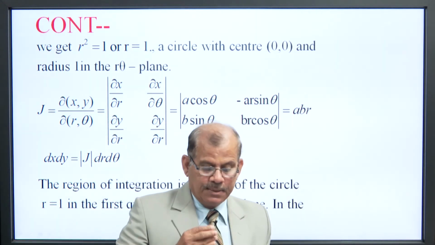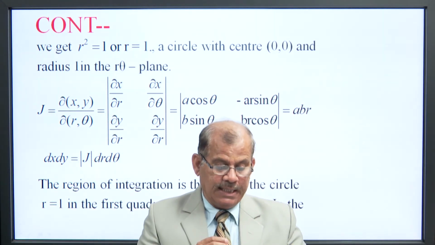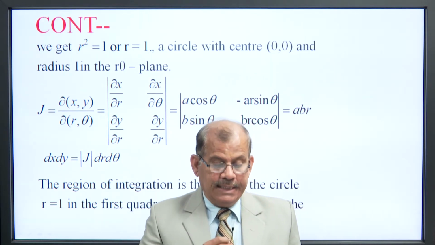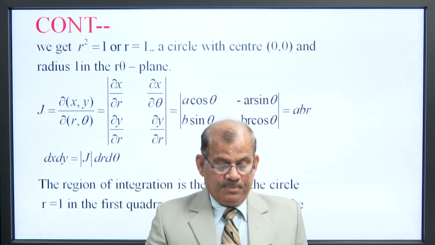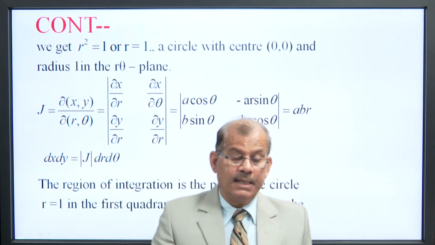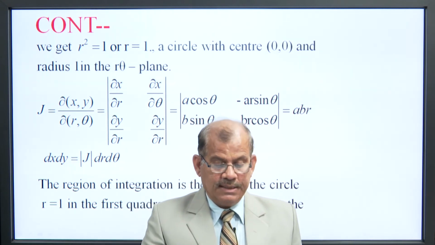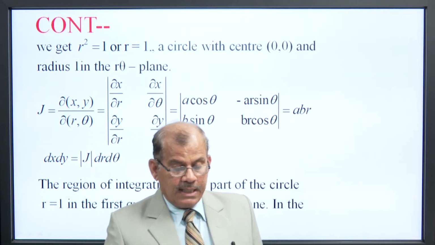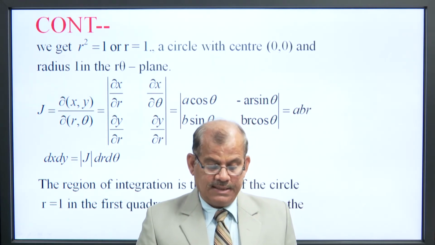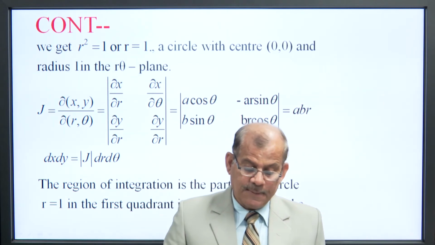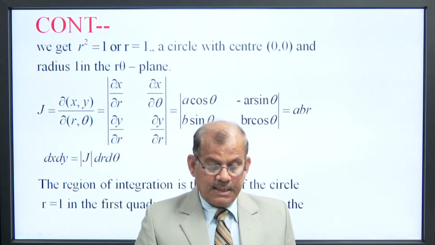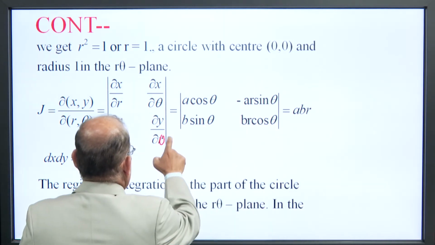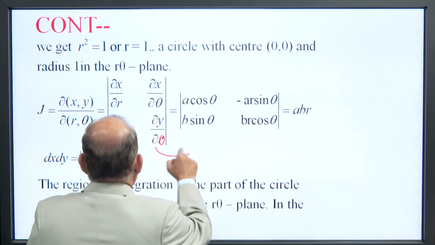The region of integration: first we calculate j, the Jacobian of x y with respect to r theta, which is the determinant of del x by del r, del x by del theta, del y by del r, del y by del theta.